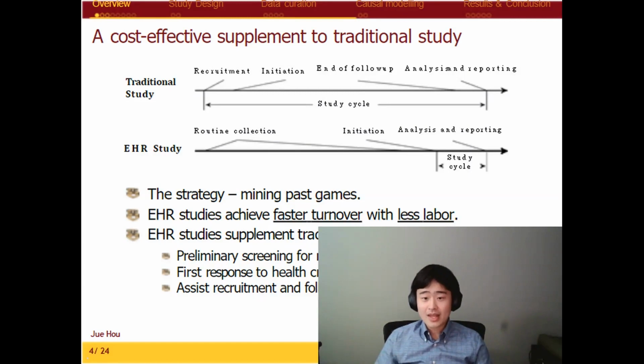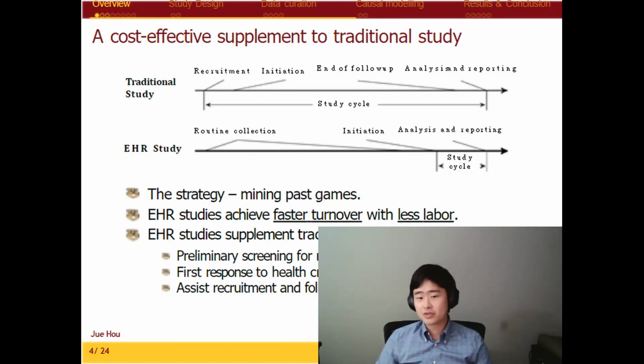Once we have this faster turnover, the other benefit is that we don't have to recruit additional labor to conduct the study, because the providers have already prepared the data for us. So we can use EHR studies to supplement traditional studies in many ways.